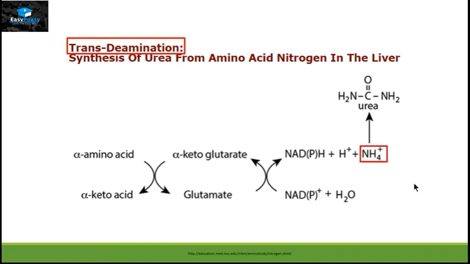That way you will not have a case whereby an amino acid is being degraded and there is no alpha ketoglutarate available to do it, because there is a full stockpile of glutamate in the system. That's why this pathway is very, very essential.